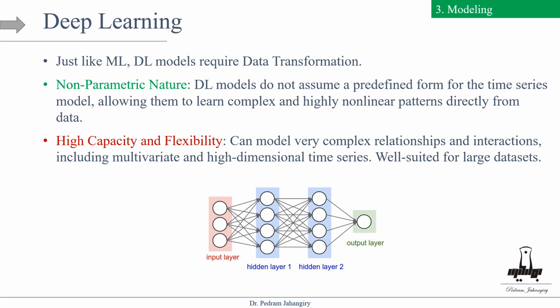So imagine we are working with a univariate time series forecasting, and we have a neural network here, and the first layer, which is our input layer, is going to take some inputs. What are the inputs here? Let's say we have yt minus 1, yt minus 2, yt minus 3. So let's say we have 3 lags, right?